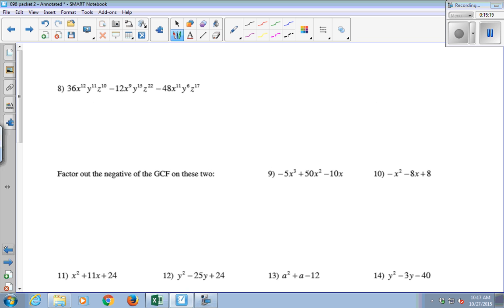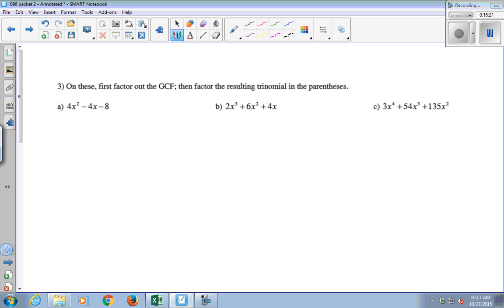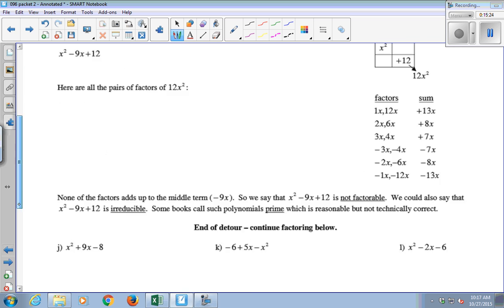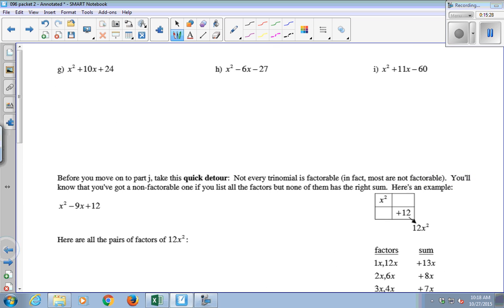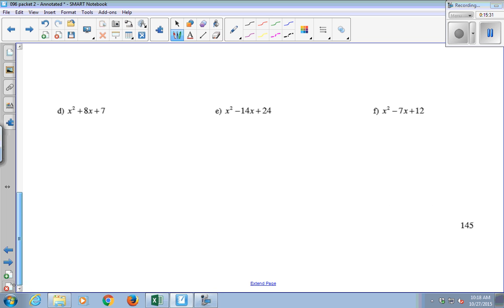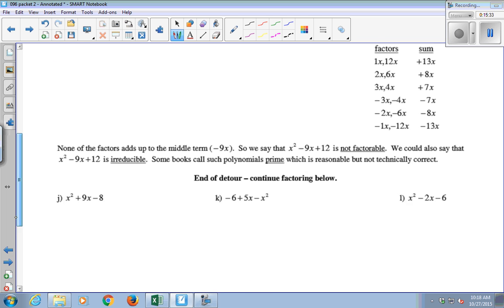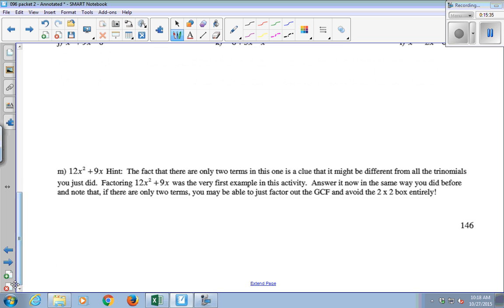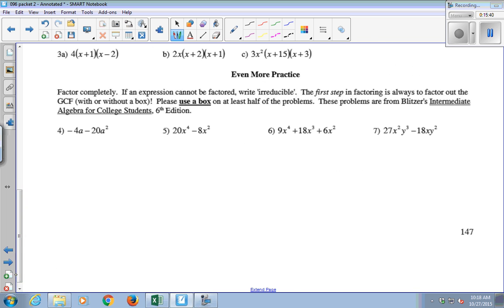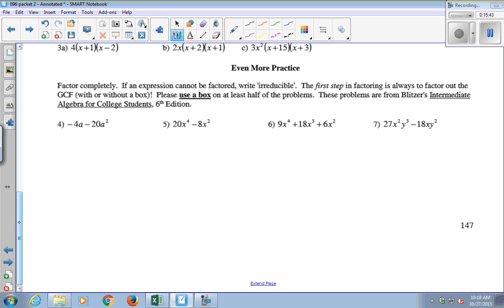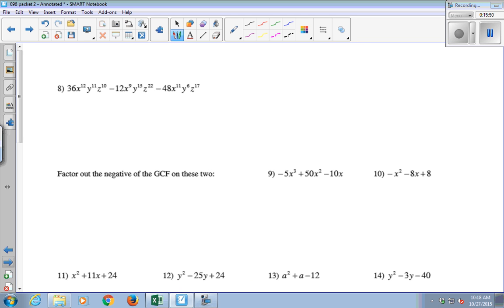When does even more practice start? There we go. You can go to even more practice and you can definitely do all of these. You can go up to 11.